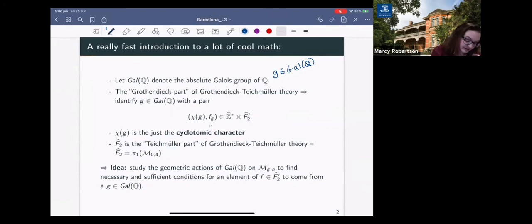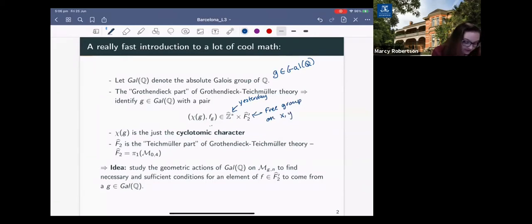So here, this is the profinite completion of the integers that we saw yesterday, just the invertible elements, if you need a definition. And here, this is the completion of the free group on two letters. And I'm always going to use X and Y for those variables.